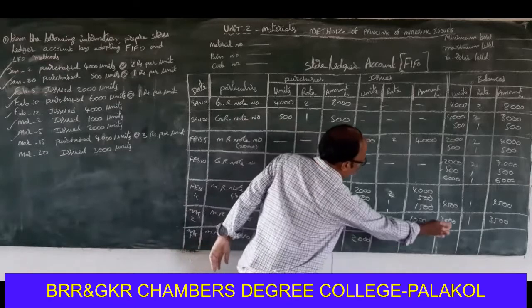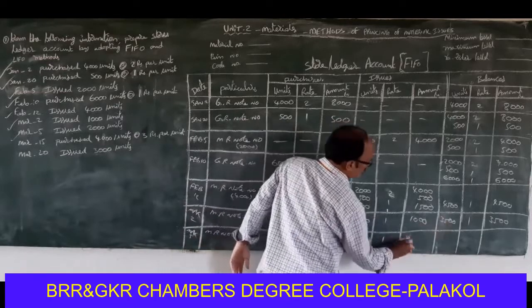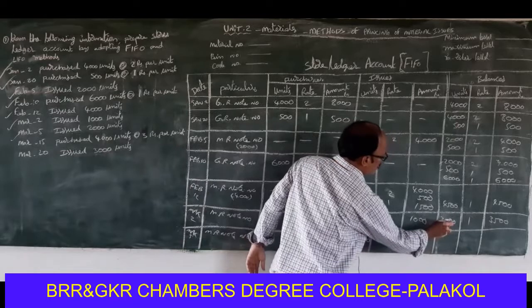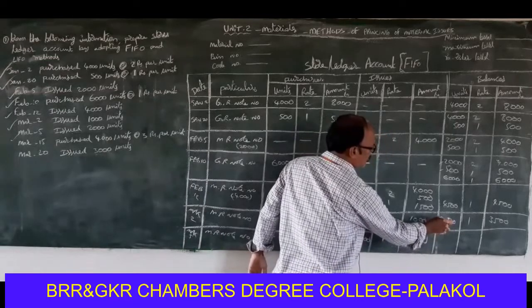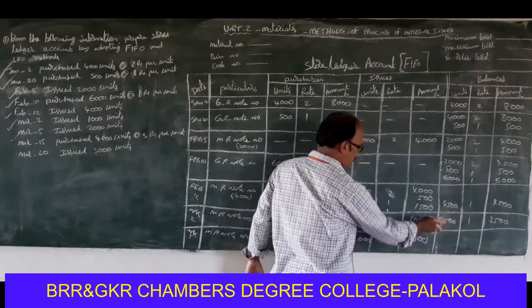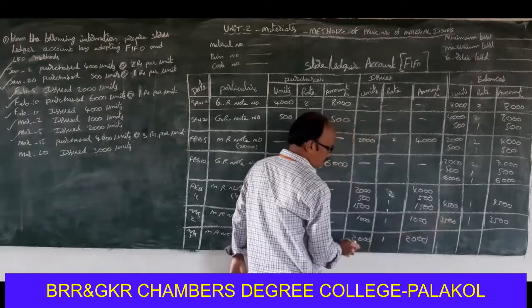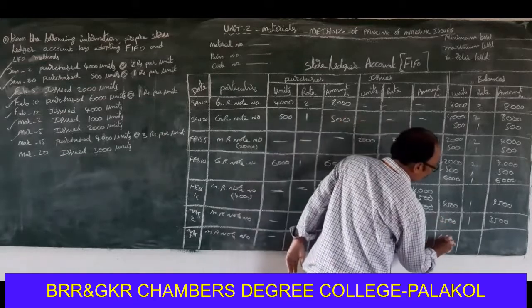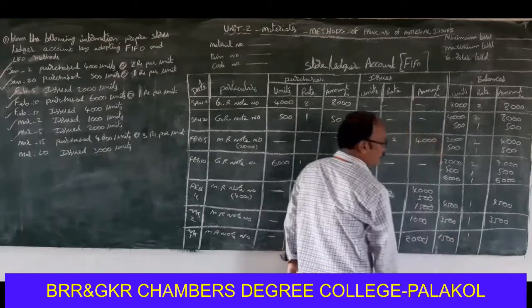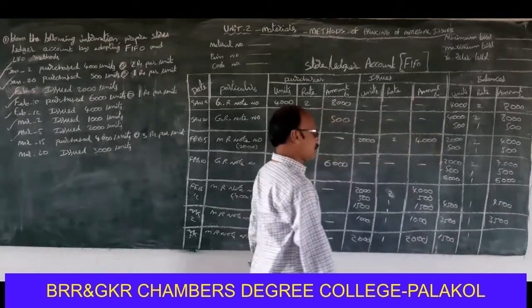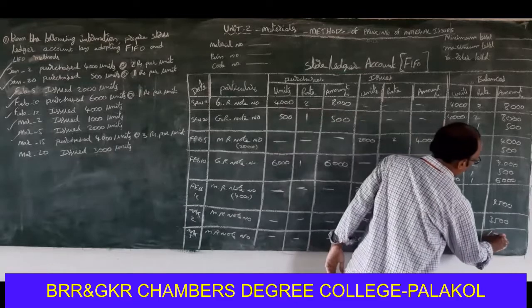The units available here are 3,500. We issued from this 2,000 units. 3,500 minus 2,000, 1,500. 1,500 materials is there. 1,500 into 1, 1,500.